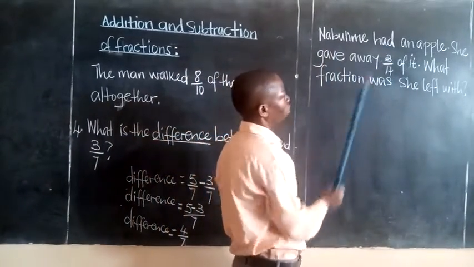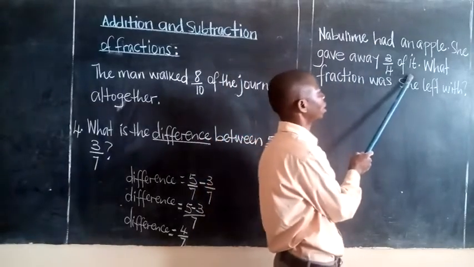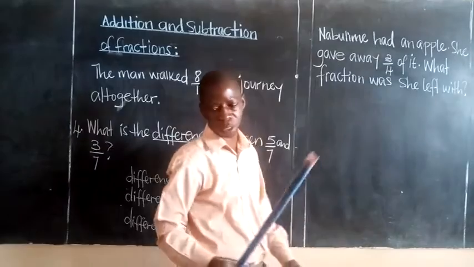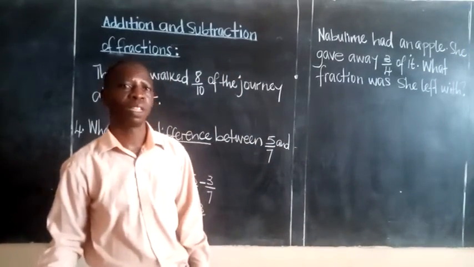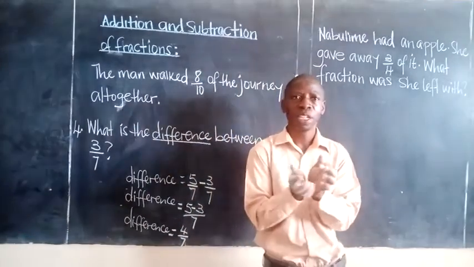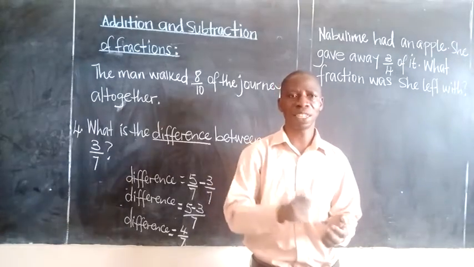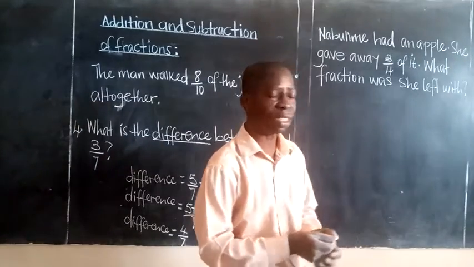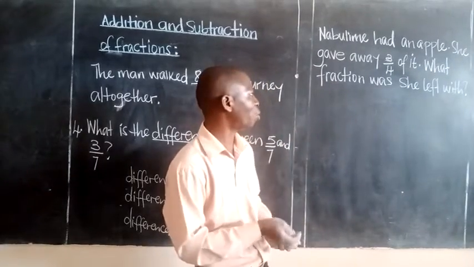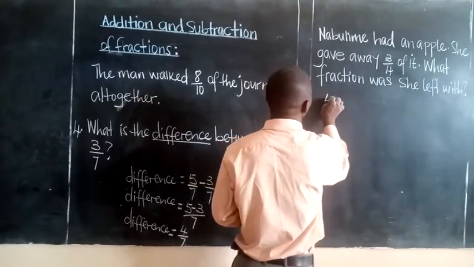Nabulime had an apple. She gave away 3/4 of it. Then we are saying, what fraction was she left with? She had an apple, that is, an apple was a whole. Remember what we talked about a whole. It was a whole apple, and she subtracted. She deducted.